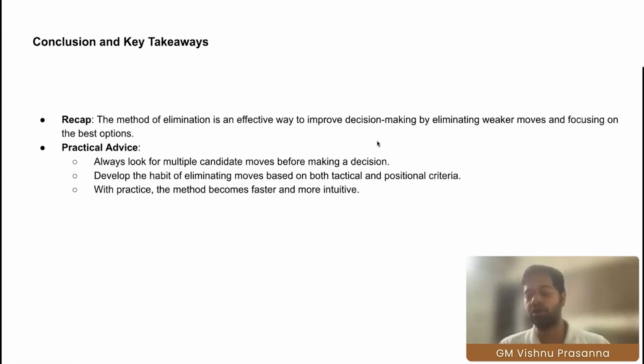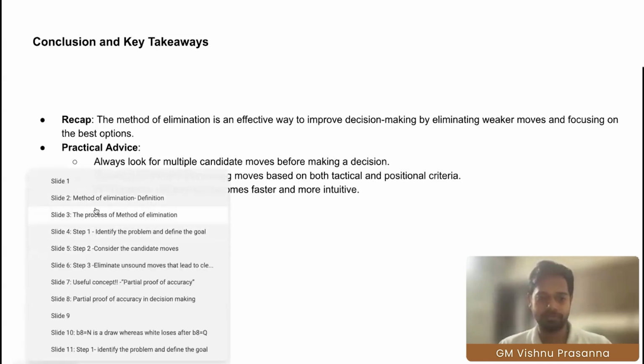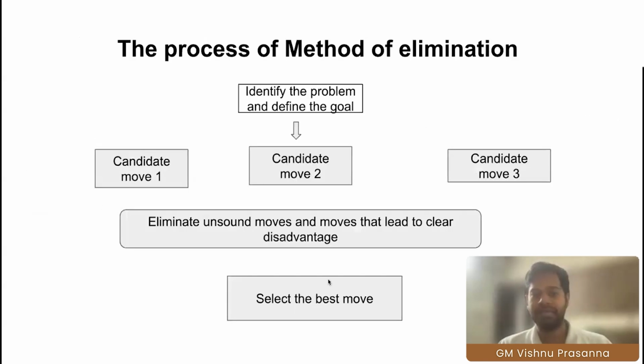You're not doing it so consciously with time. Initially it will take time to do it consciously, but you have to practice all these steps in order to make it more intuitive and faster. That was the goal of all the calculation exercises that we practice.